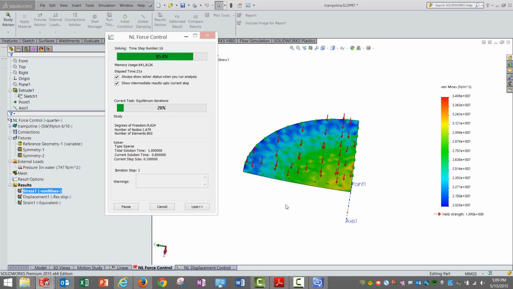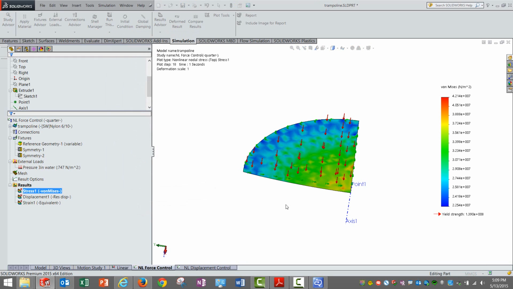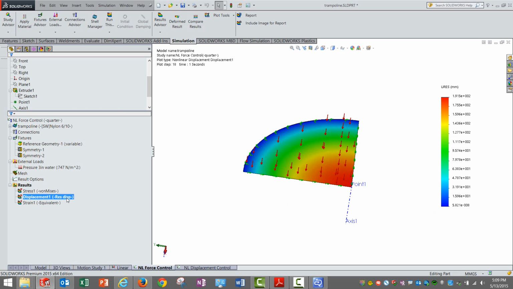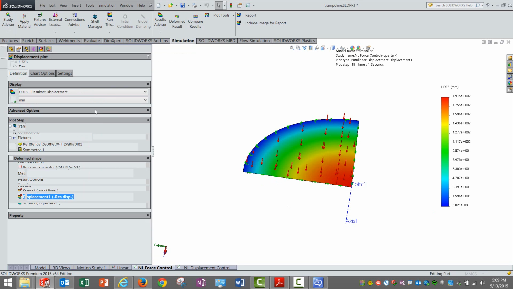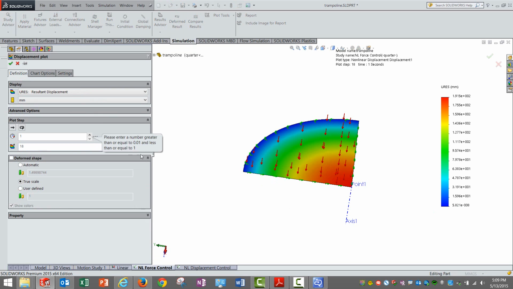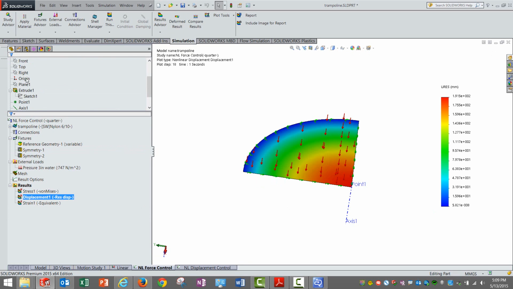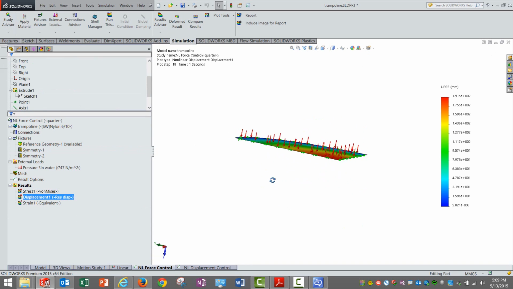It was just these bars that were moving, but now with the solution, we can actually visualize the variation of results. Yes, it is the final step, all in there.